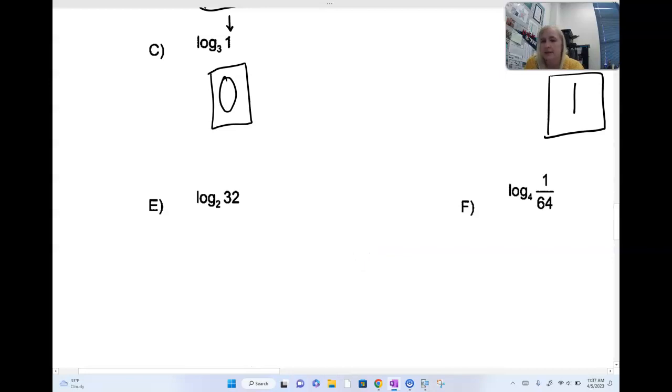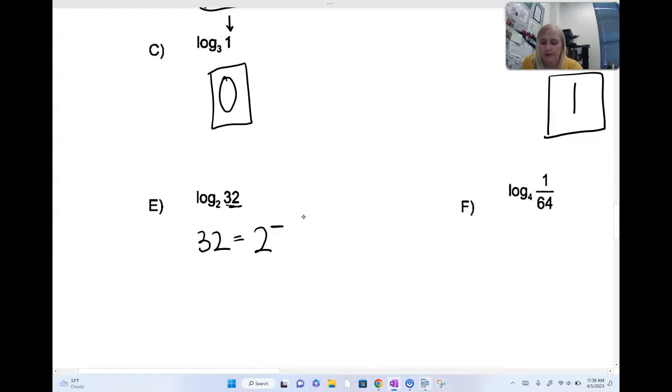All right, you might have to do some solving on these ones to match the bases. So when we do that, you're going to look at the base of your log and see, can I change that inside to be that same base? For example, can we turn 32 into a base of 2? So 2 to what power equals 32?